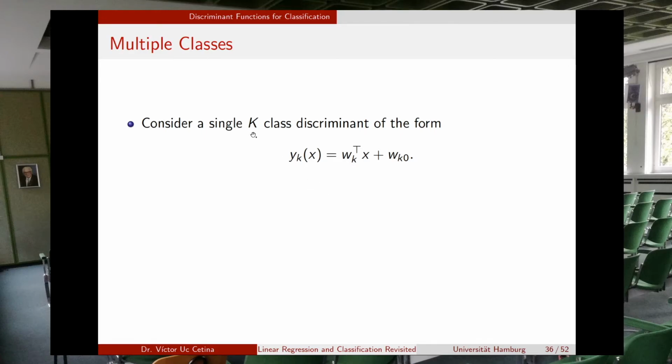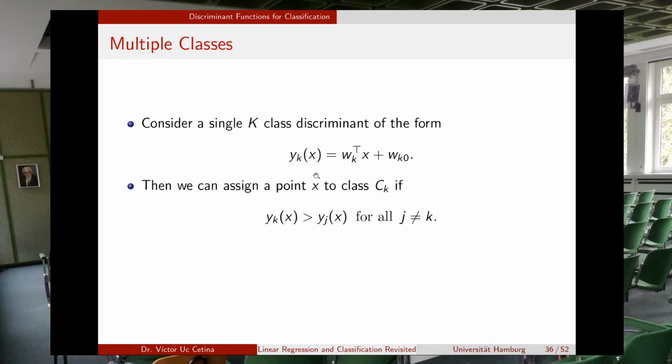So if you have k classes, suppose that you are considering 10 classes, then you will need to estimate 10 discriminant functions, one for each of the 10 classes. And then you will assign a point x to the class Ck if that class has the largest evaluation compared to every other j classifier in your set of classifiers.